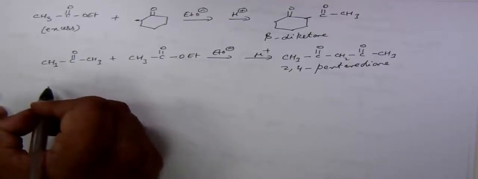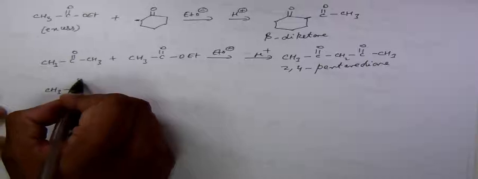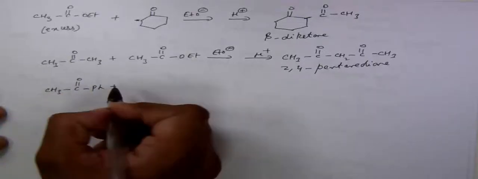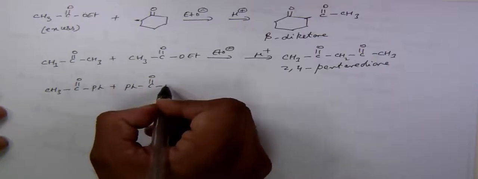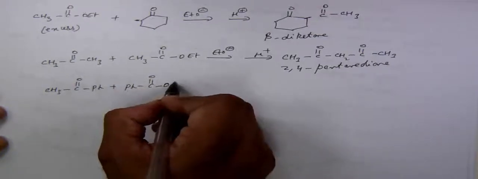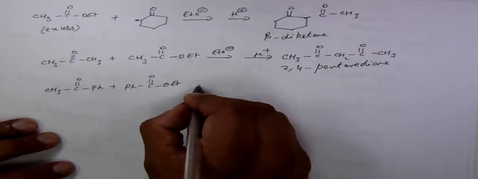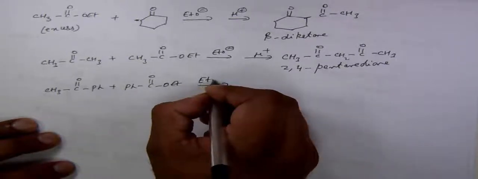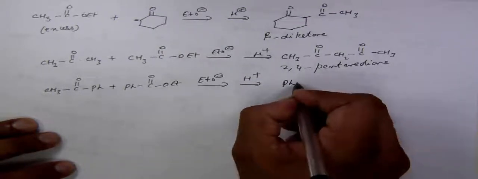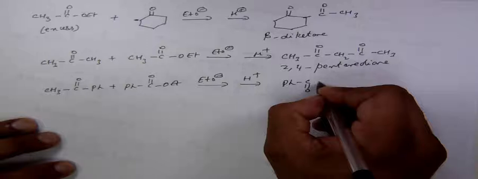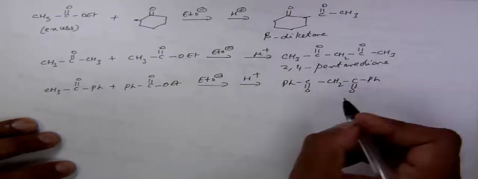And let's take one last example, CH3 C double bond O Ph, and then I do it with ethyl benzoate. The same set of reagents, EtO negative, protonated H plus, and I'm going to get a beta diketone.